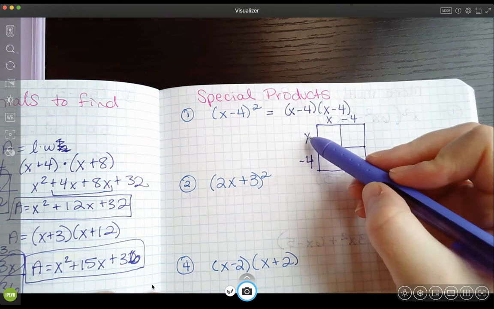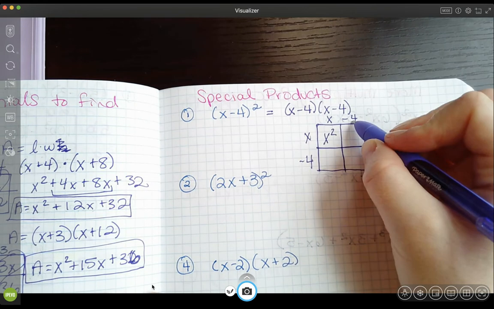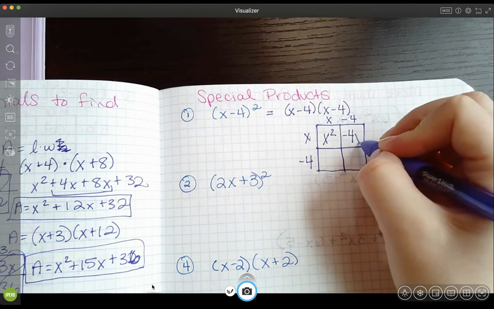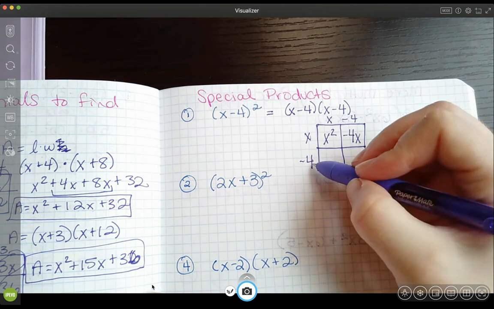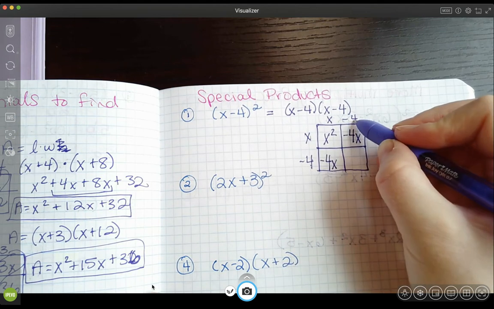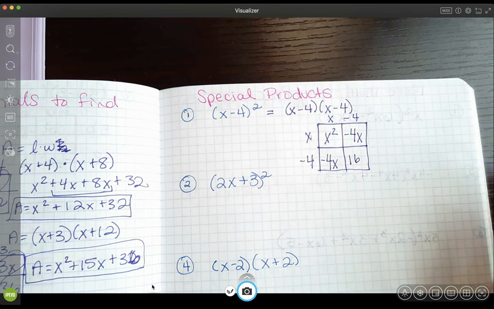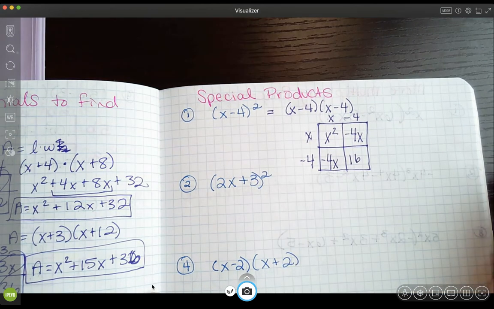So I do x times x is x squared. x times a negative 4 is negative 4x. x times negative 4 is negative 4x. And negative 4 times negative 4 is positive 16, because a negative times negative makes it positive.